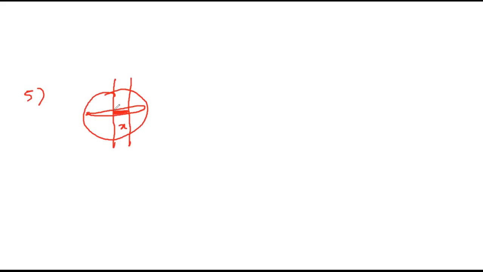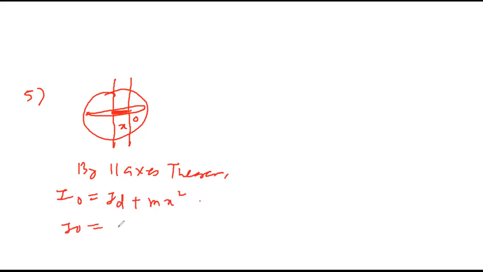So if this is the sphere, this is the diameter, I is the moment of inertia about an axis parallel to the diameter. By the parallel axis theorem, I at any point O is I about this parallel diameter plus mass into square of distance. For a sphere, this is 2 by 5 m r square plus m x square. So this is I, this is constant plus m x square.